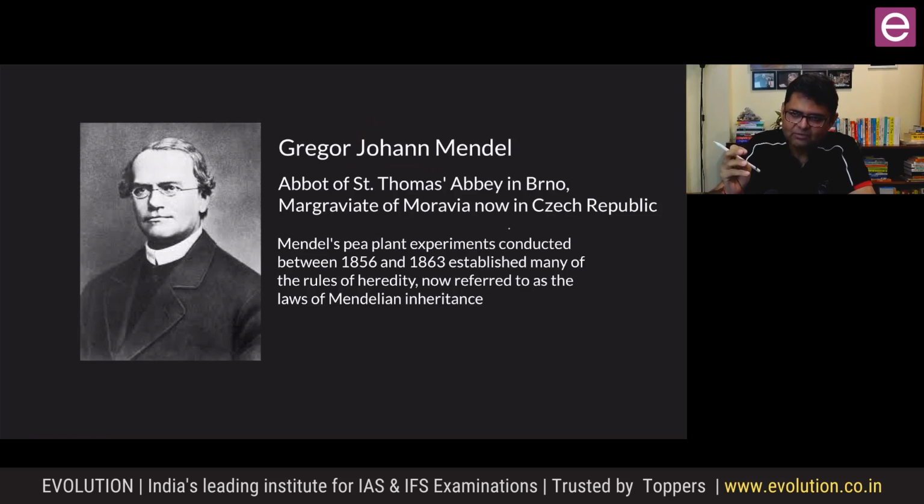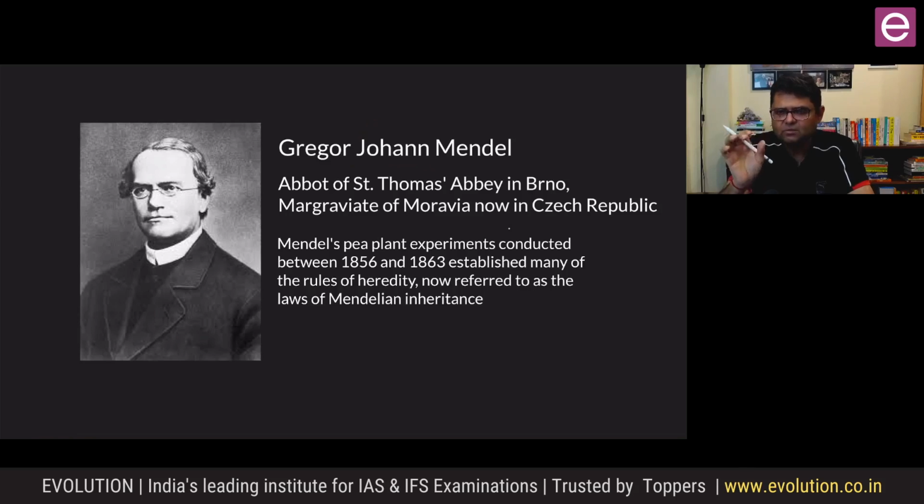Mendel tried to work with Lathyrus odoratus, and of course Pisum sativum. He stuck with Pisum sativum, garden peas, because there were a lot of advantages, especially with respect to the structure of the flower, which allowed Mendel to easily carry out crosses. I'll show you how.